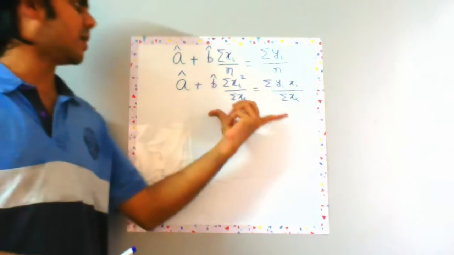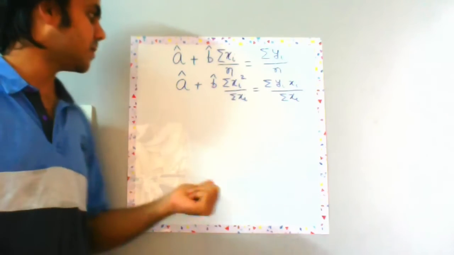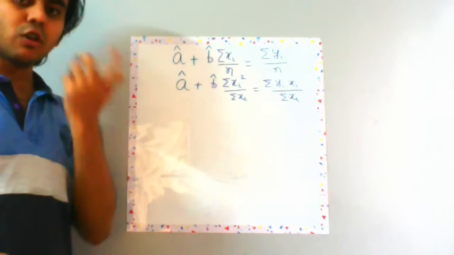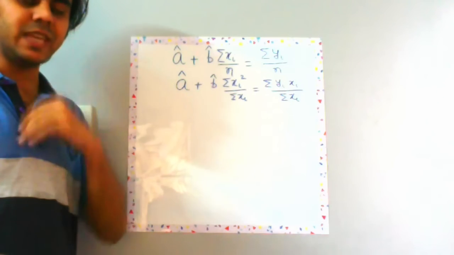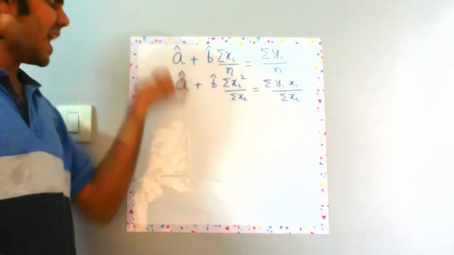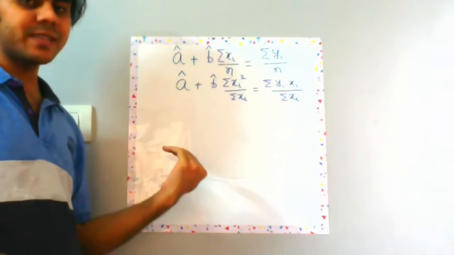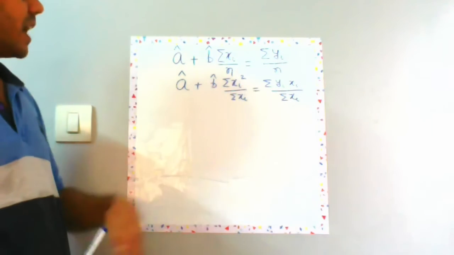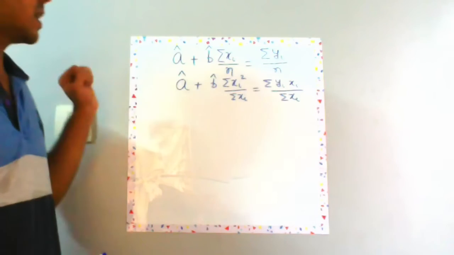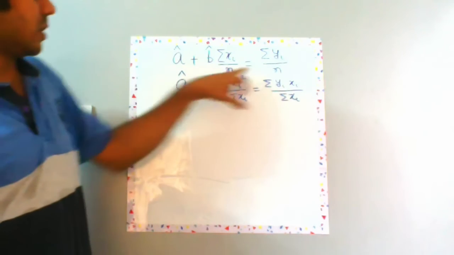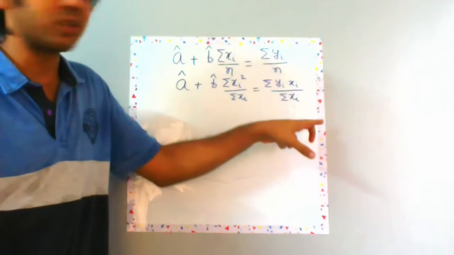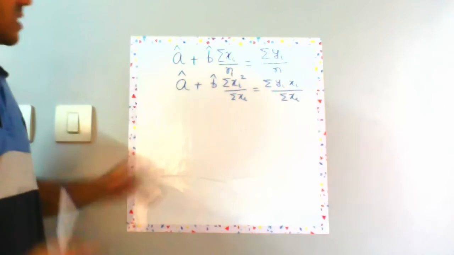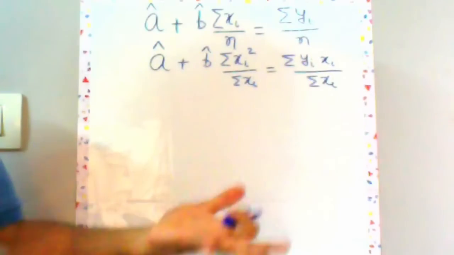Similarly, if you go to the next equation, A hat is a constant for us when we estimate. So A hat will come outside the summation and you'll have A hat summation xi, and I have divided the whole equation throughout by summation xi. That is why what n is doing here, summation xi is doing here. After that, the steps are quite easy. I'll give you a head start.